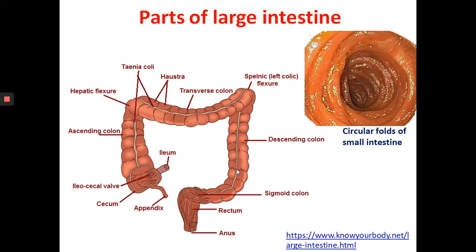So this is different from the small intestine. The circular muscle of the small intestine covers the total circle of the small intestine. But in the case of haustra, it is not fully extending throughout the circle of the large intestine.